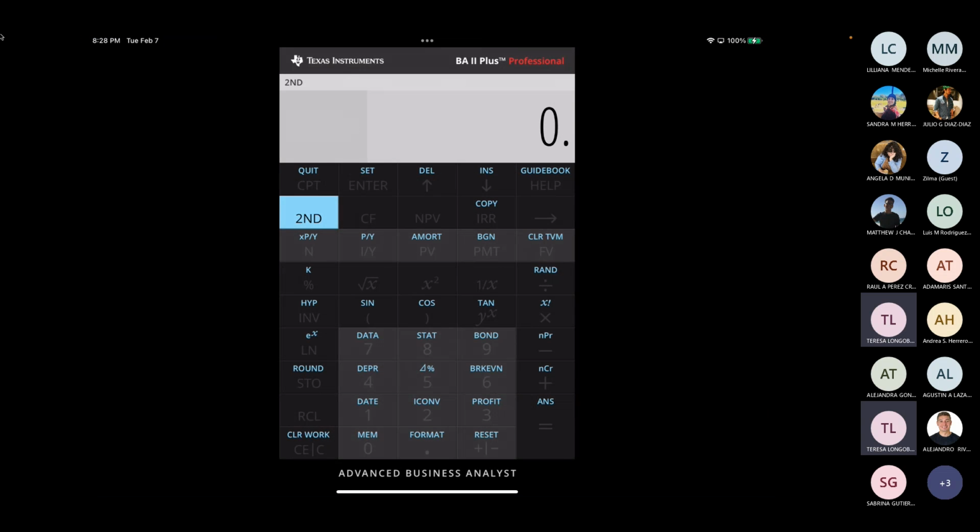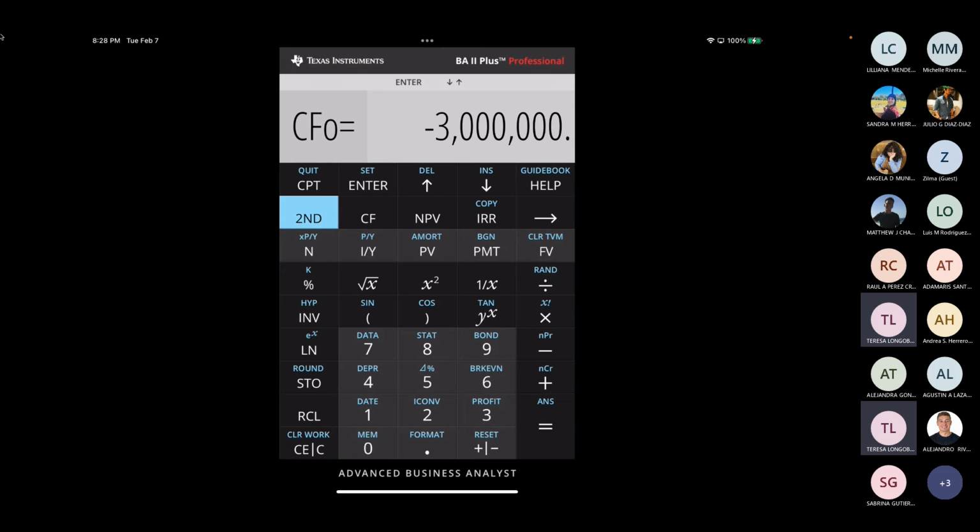All right, so I'm going to clear. I'm going to go into the worksheet and second clear work to wipe out what was there. Now I'm going to put a 0 in the initial spot, and then 1,100 one time, and then 2,500 one time, and then 3,400 one time, and 4,050 one time, and 1000.